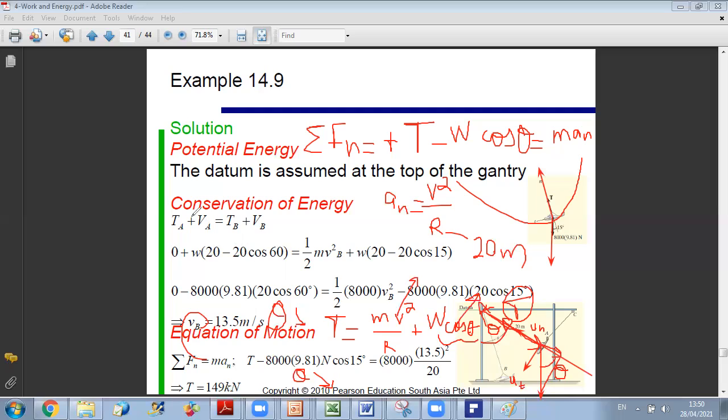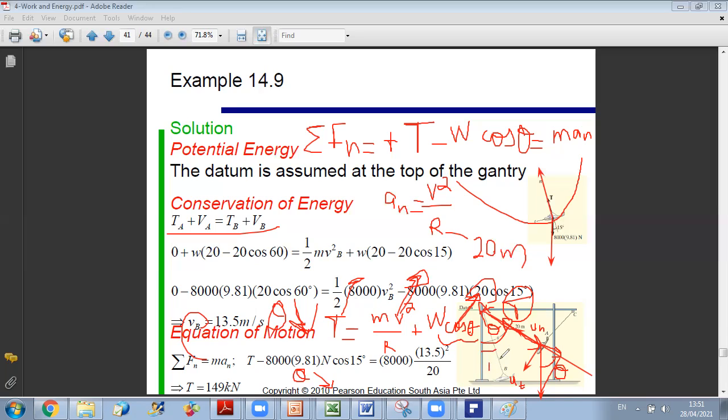Because from the conservation of mechanical energy, the lower I go, the more potential energy is converted to kinetic energy. So since as theta decreases both terms here, V and cosine theta, increase, then T will increase with lower theta. This means that the highest possible tension will be obtained for the lowest angle. And here the lowest angle is 15 degrees.